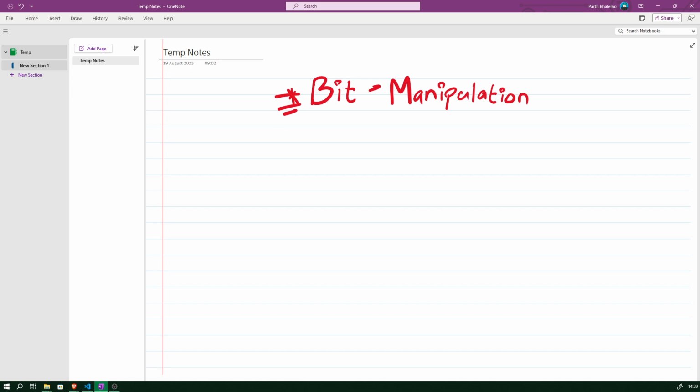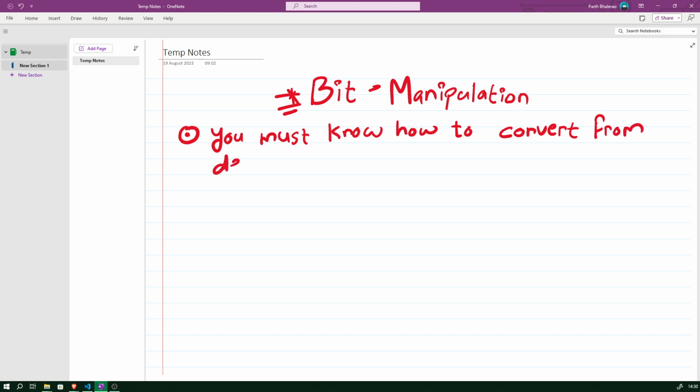So the first thing which is compulsorily required is that you must know how to convert from decimal to binary and vice versa.